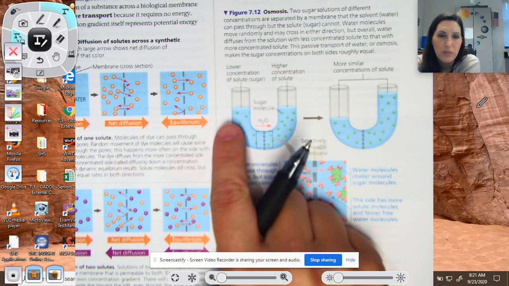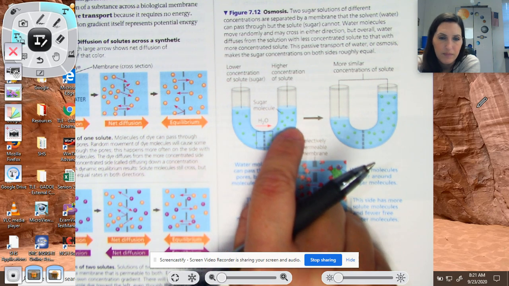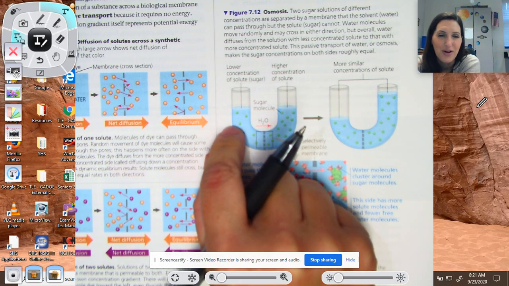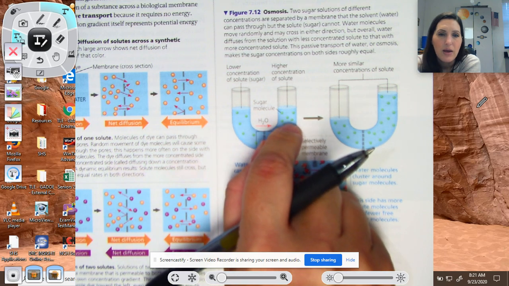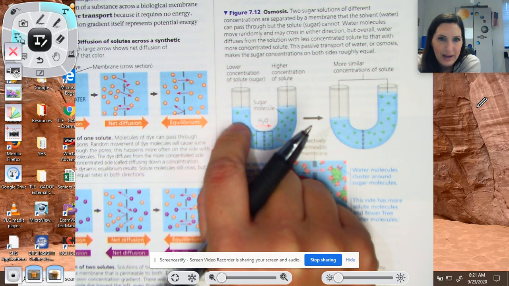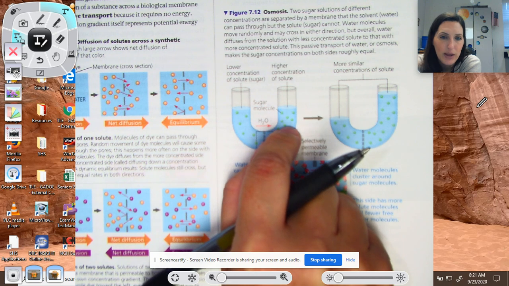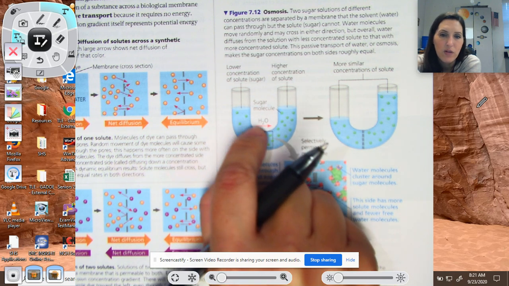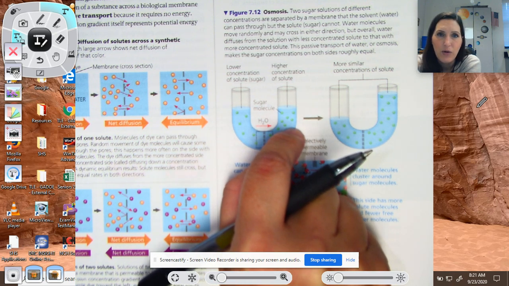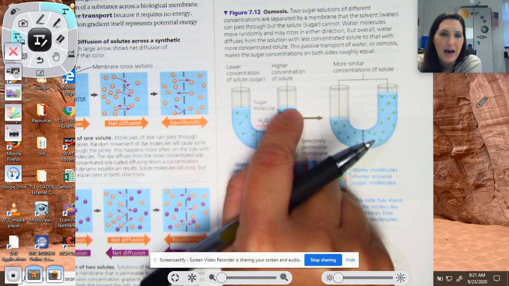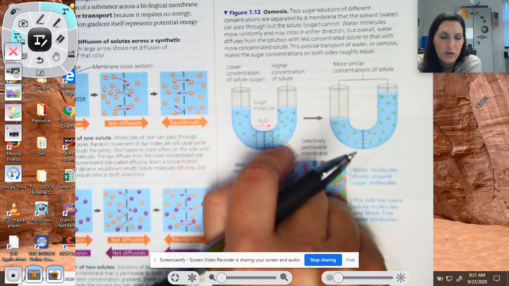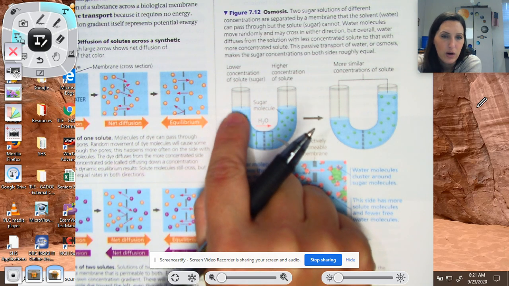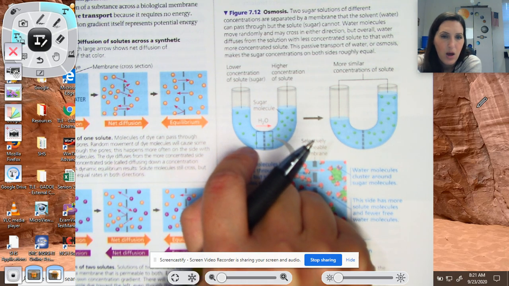So water will move from high to low. So if there's pure water high here, pure water low here, water will move from the high to the low. Another way to think about it is by the solute. Here's a high concentration of solute, and here's a low concentration of solute.